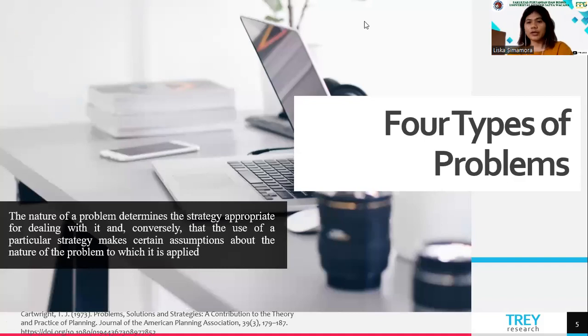Now, because we want to formulate the solution, we have to recognize the types of our problem.